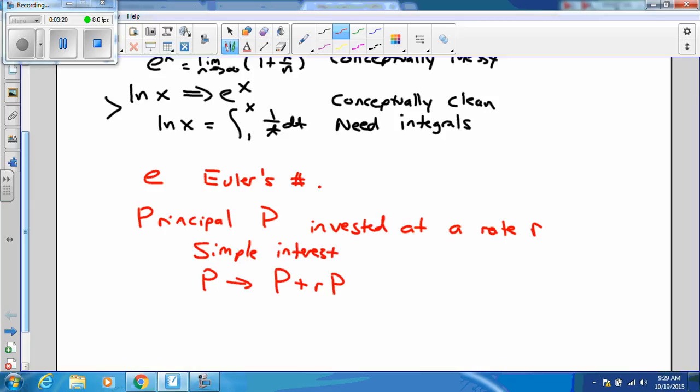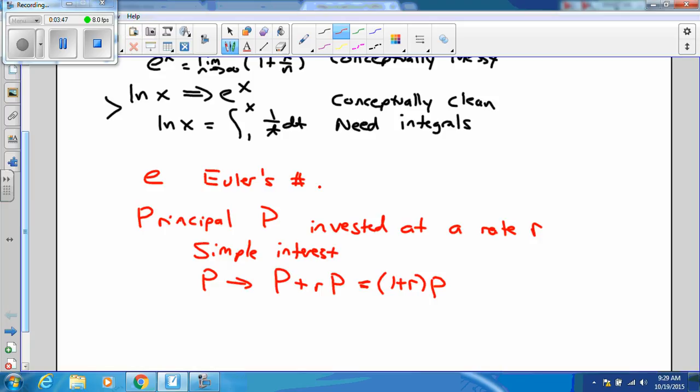So if I start with $100 and I invest at 6%, which hardly anybody can find anymore, then at the end of the year I will have that $100 plus 6% of 100, or I'll have $106. Well, you are sharp and with it, and so you can see that factoring out P gives us this expression: 1 plus R times P.